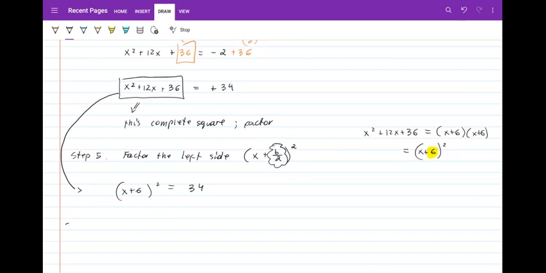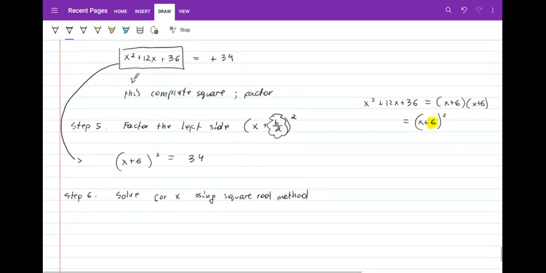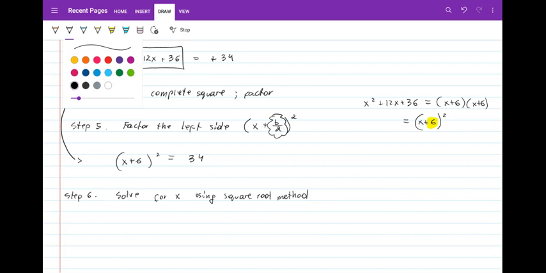And step 6, solve for x using the square root method. Which means we're going to take the square root of both sides.